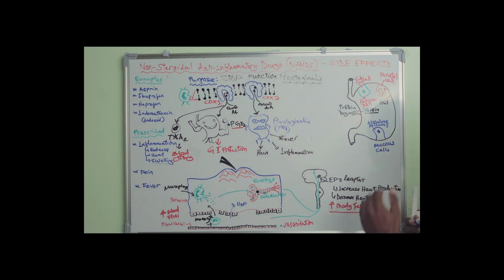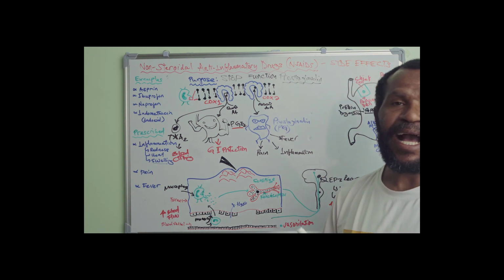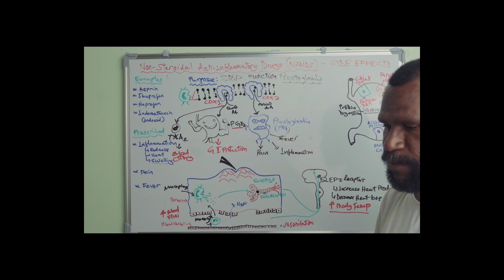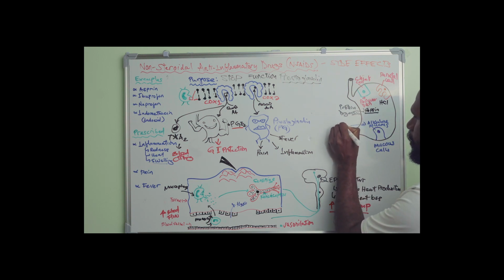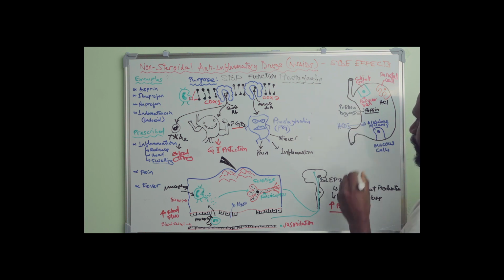So these mucus cells will secrete alkaline mucus. That means that they secrete mucus, and within the mucus they have a bicarbonate, HCO3.